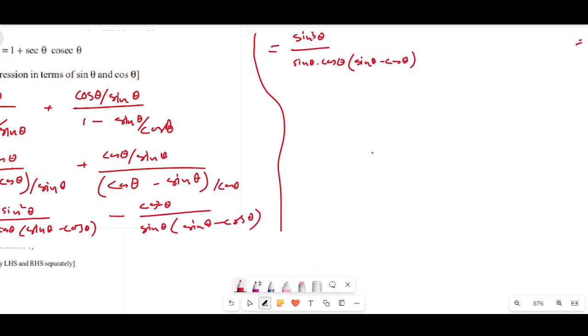Now the denominator on the other side will be the same, so we can take cos cube theta. Clear?